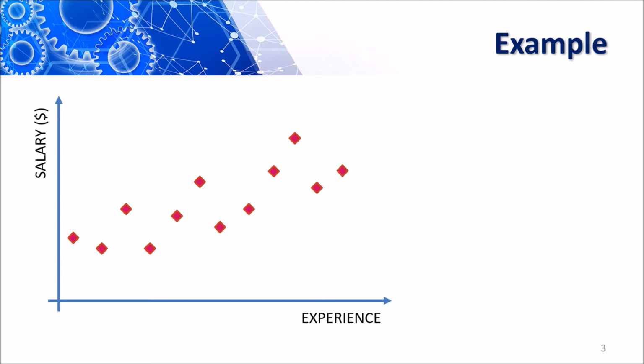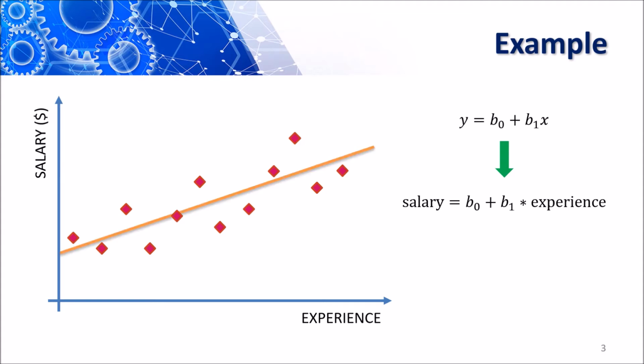And what a regression does is, in our case, it will change to salary equals b0 plus b1 times experience. What that essentially means is just putting a line through your chart that best fits this data. And we'll talk about best fitting in the next slide when we're talking about ordinary least squares.